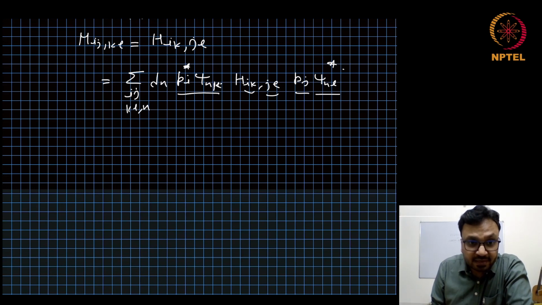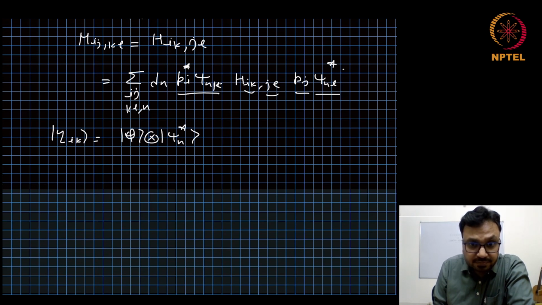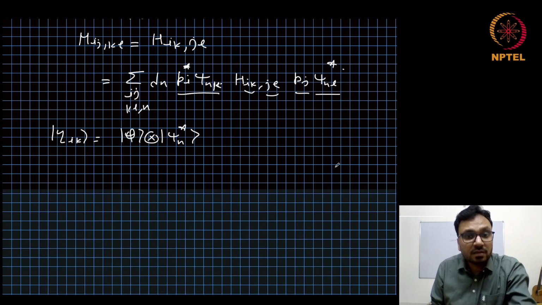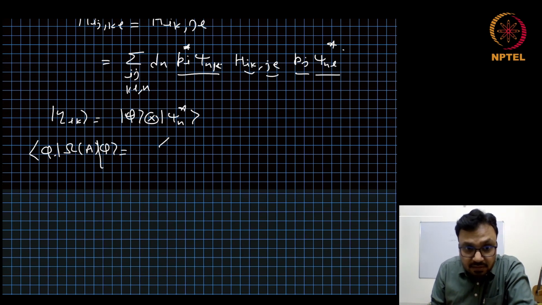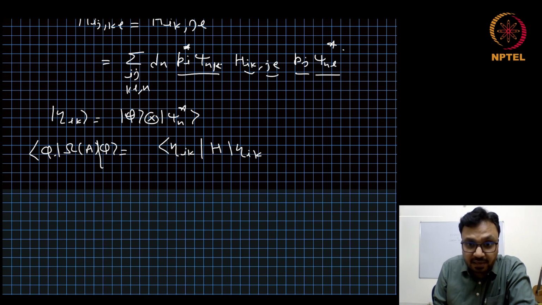So if we define a vector eta ik, which is phi tensor psi n star, then we can write the previous equation phi of omega of A phi as eta ik H matrix eta ik.